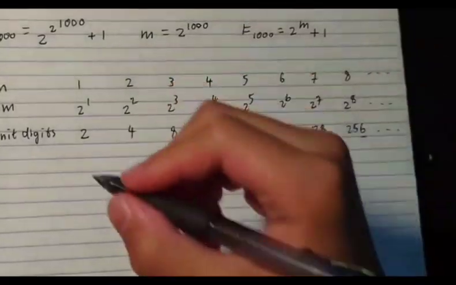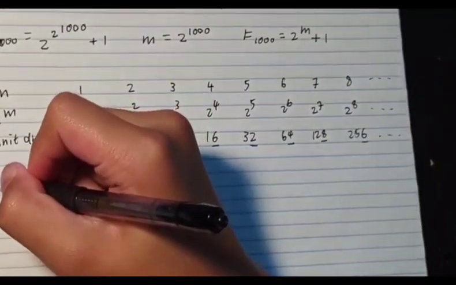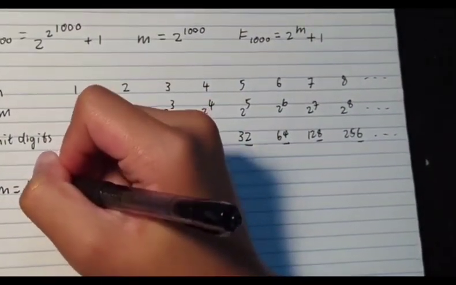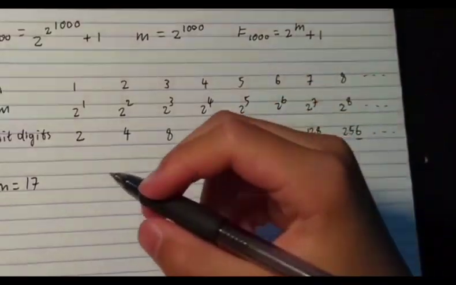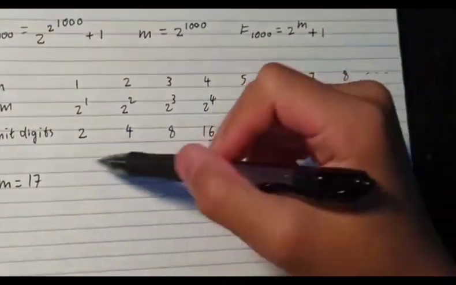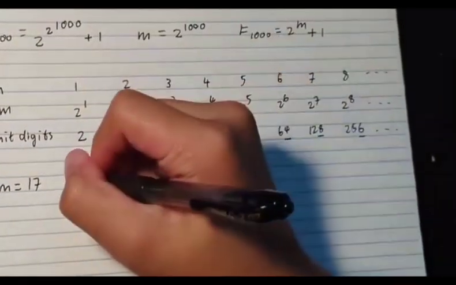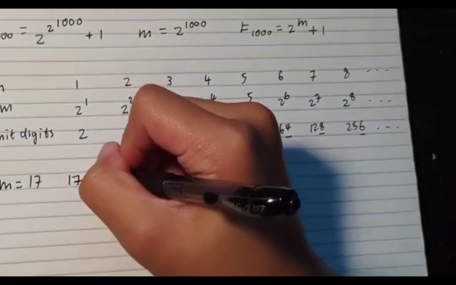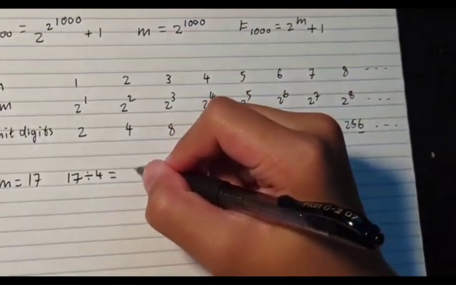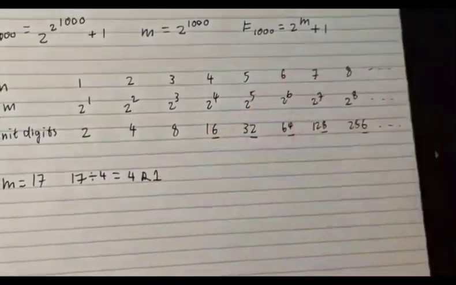So let's say we have a larger number of m, let's say m equals 17 as an example. So we need to find how many groups of these unit digits are in 17. So we do 17 divided by 4, which is the number of unit digits, and we get 4, and then we have a remainder, which is 1, right?